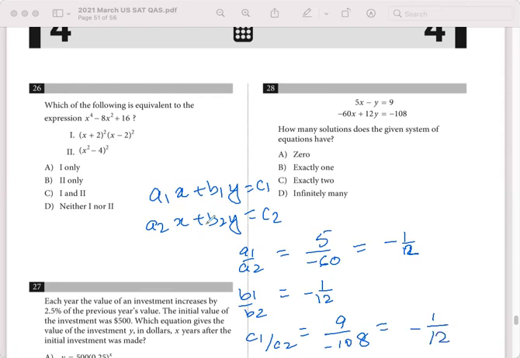So when a1 by a2, b1 by b2, and c1 by c2 are all equal, then the system has infinitely many solutions because effectively they are the same line, right? Because if I take minus 12 common in the second line, then I'll get minus 12 times 5x minus y on the left hand side, and minus 12 times 9 on the right hand side, and minus 12 will get cancelled. So effectively they are the same line.